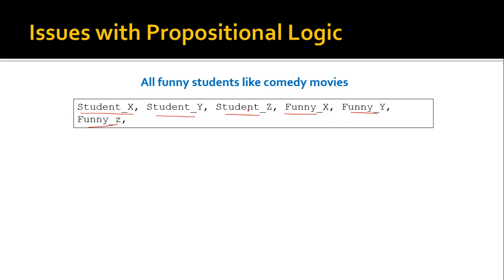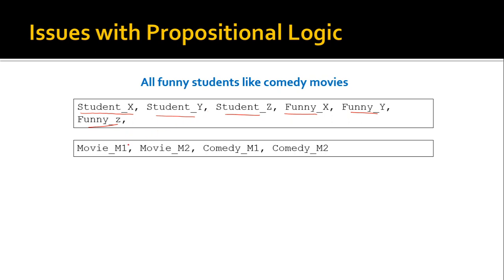Assuming that these are all your students, right? And if you assume that you have only two movies in your world, we need to say that M1 is a movie and M2 is a movie by these two propositions, and M1 is a comedy movie. So this is one thing that you have to declare to be true, and M2 is also a comedy movie. That is what you need to declare, right?